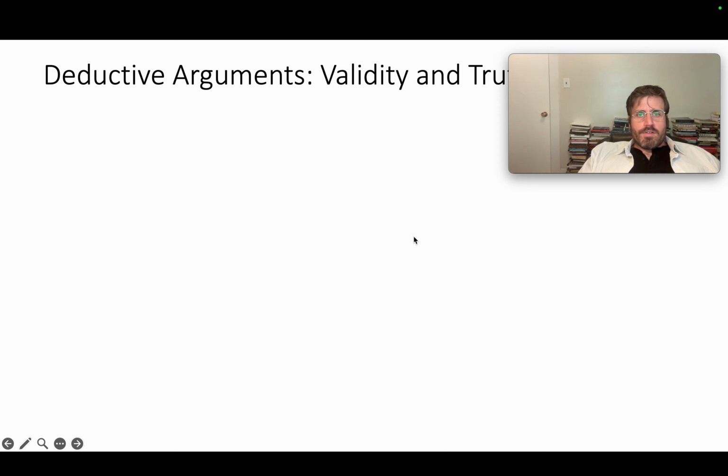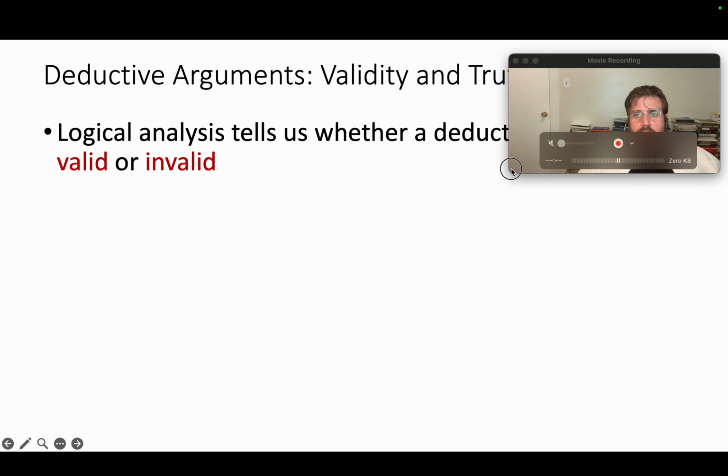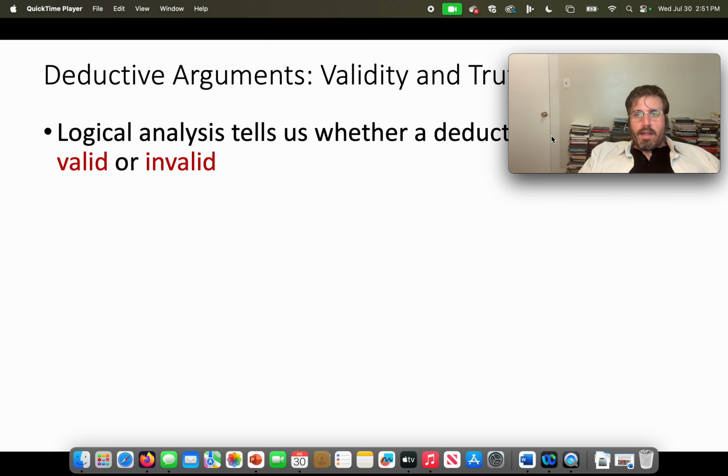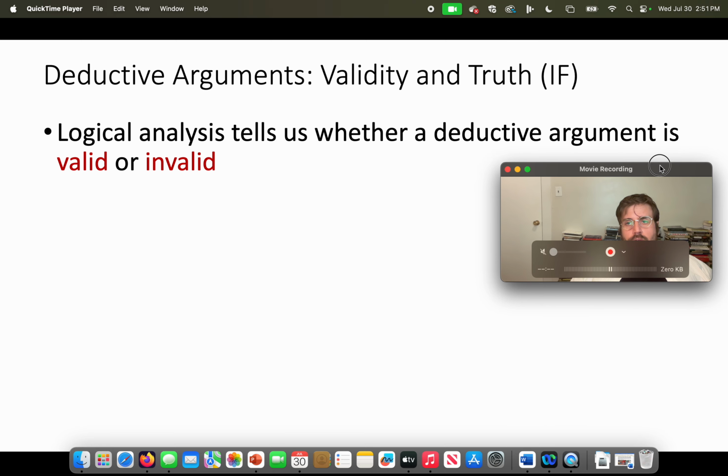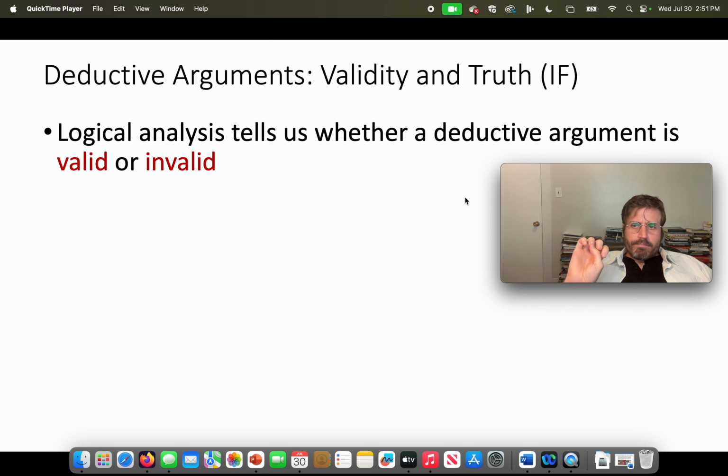So the way that we typically describe this distinction in logic, or the term that is used to really specify logical form, is the concept of validity. Logical analysis tells us whether a deductive argument is valid or invalid.